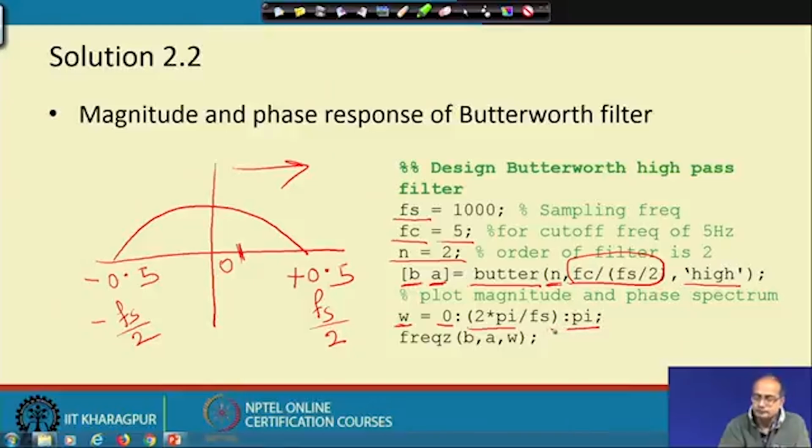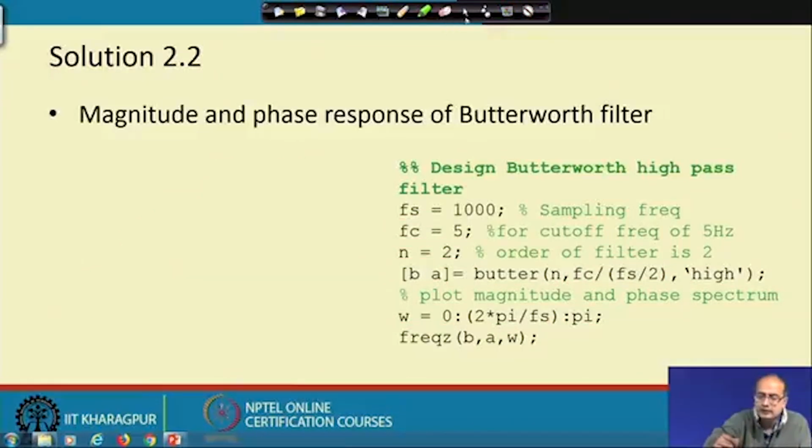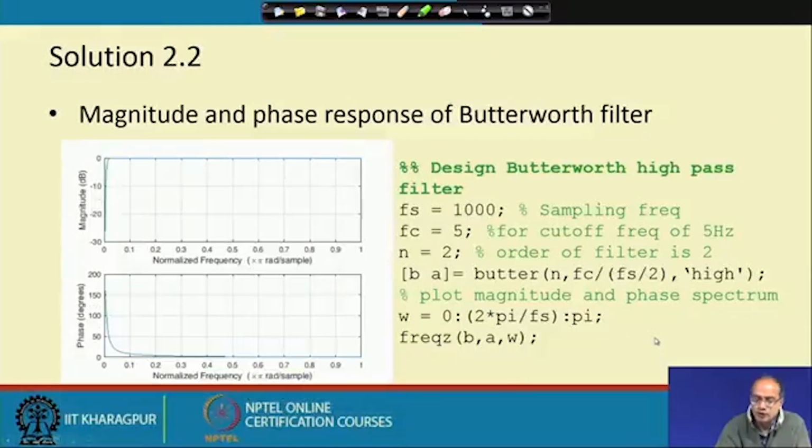Okay. So, we are going like this, and here we are giving the frequency command, b comma a and omega, to draw the two plots.